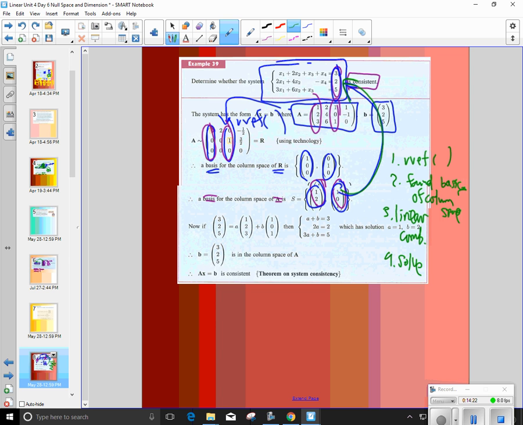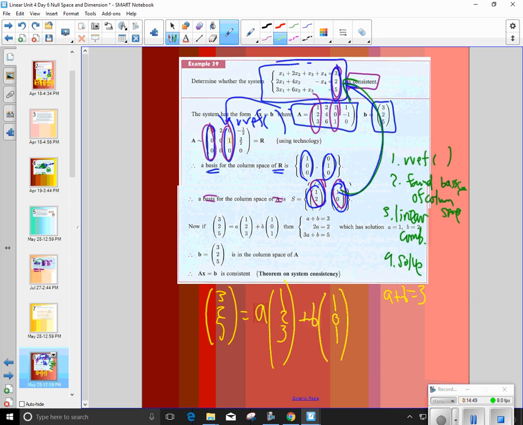Okay, so here goes. So you have 3, 2, 5 is equal to some constant a times the first column space plus b times the second column space, which can be converted into a plus b equals 3. 2a is equal to 2. I'm just going across here, right?